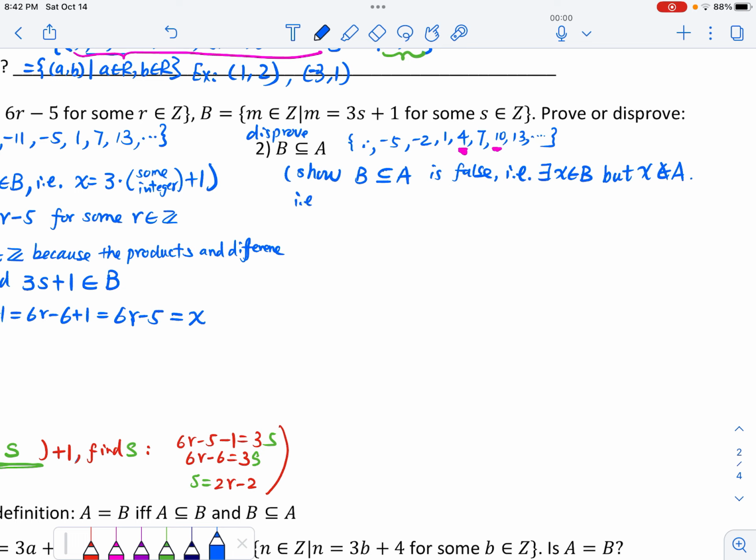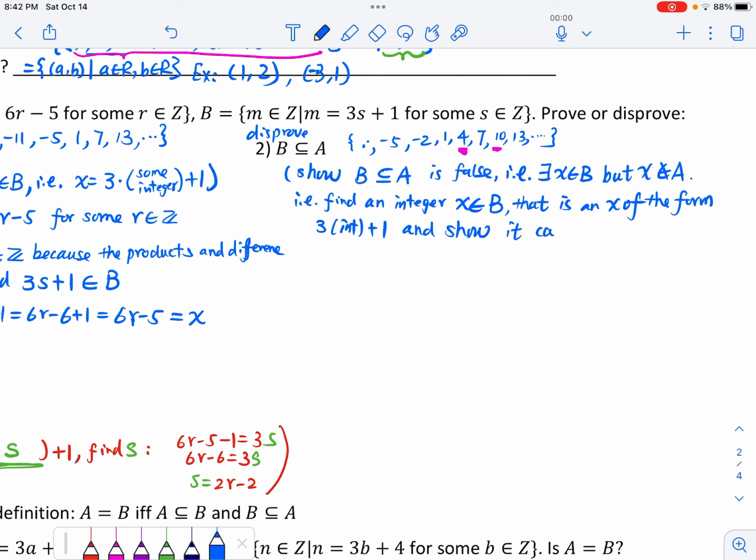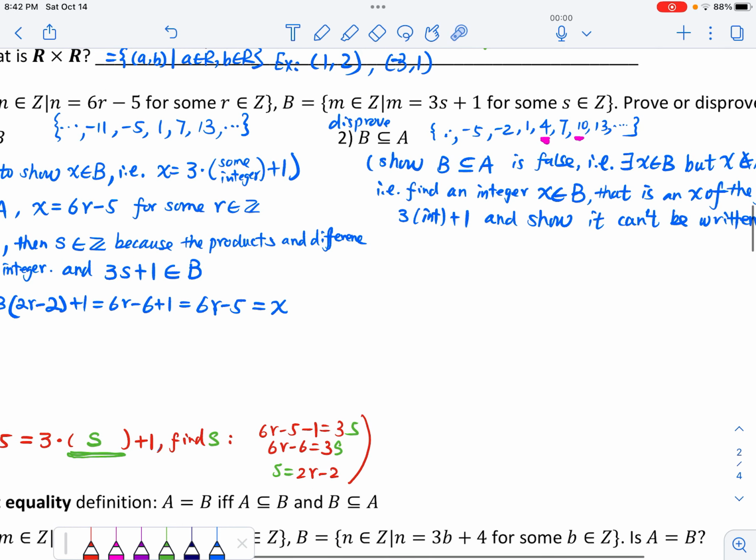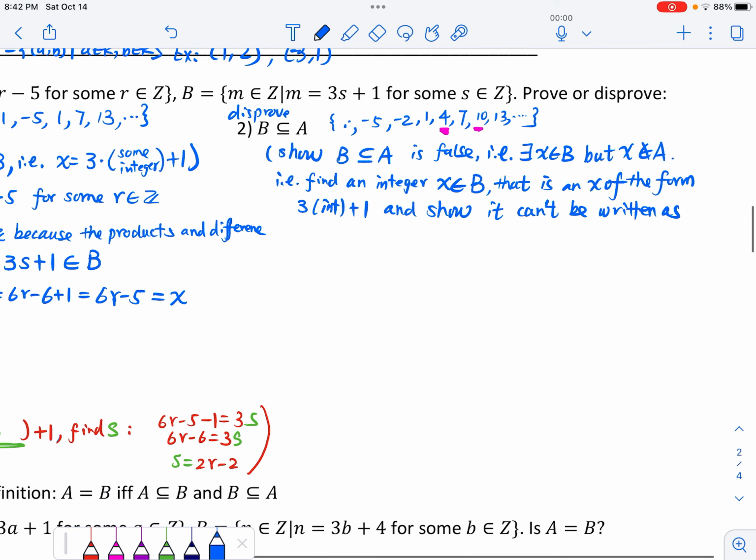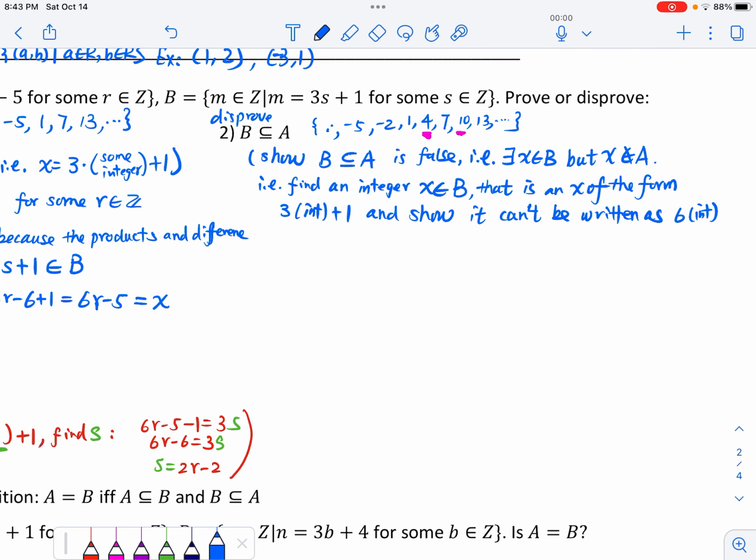In other words, you need to find an integer x in B, that is, an x of the form 3 times an integer plus 1, and show it cannot be written in this form: 6r minus 5 cannot be written as 6 times an integer minus 5.